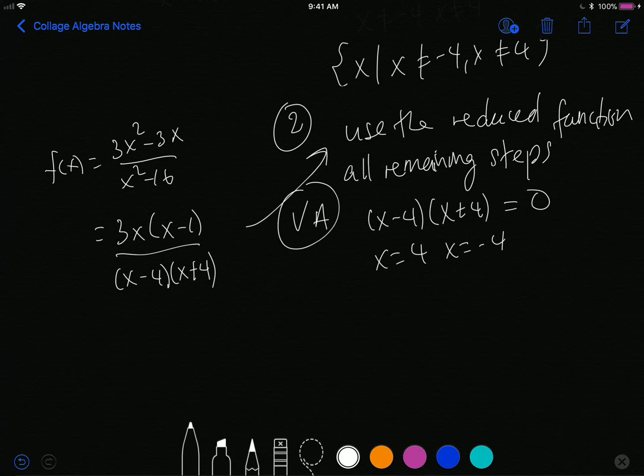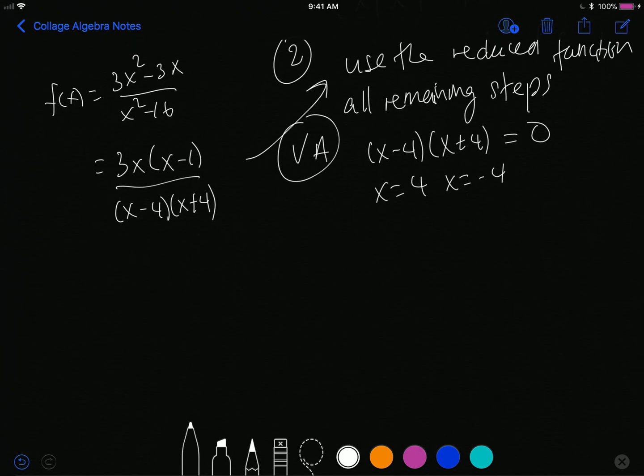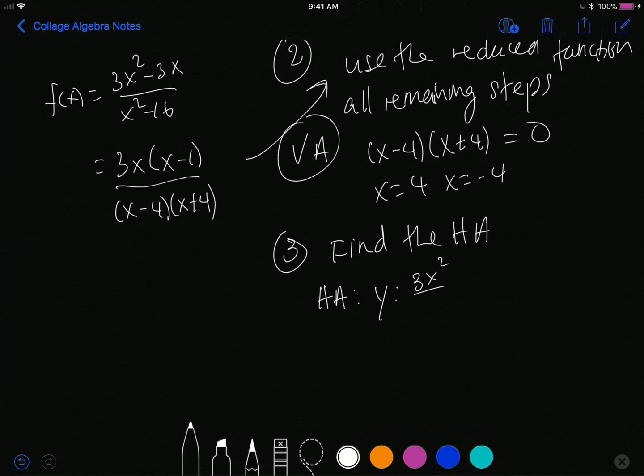Step number 3 is to find the horizontal asymptote, the HA. In this case, my horizontal asymptote will be to divide the two leading terms, the two dominating terms, and so my HA will be y equals 3.